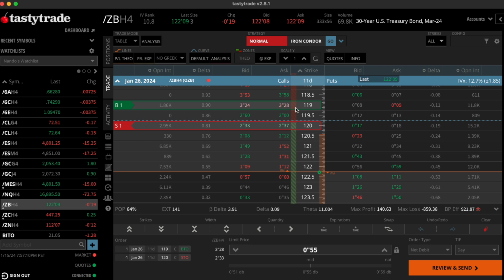But there's another component to this trade. We're also selling the 120 call for 2 handles and 37 ticks. So 120 plus 2 handles would take us to the 122 handle. And we're also selling another 37 ticks here. 37 minus 9 is going to be 28 ticks in premium that this brings in.